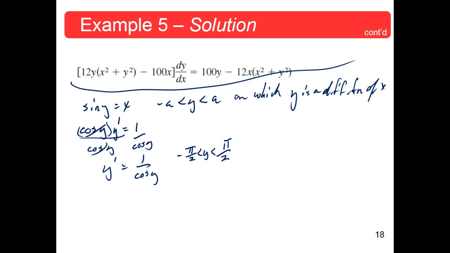Okay, in trig, on the unit circle, cosine is x. Also, in trig, if you're not on the unit circle, cosine is x over r. On a unit circle, r is always 1, so it's just x. But we're not on any circle here, so we don't really have an r.